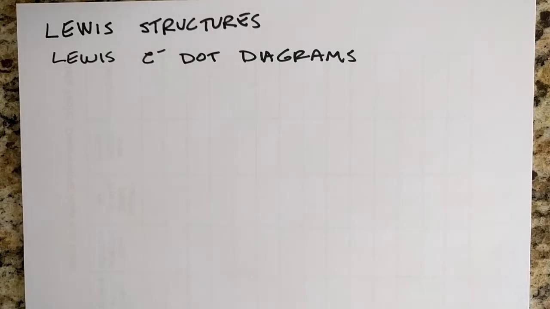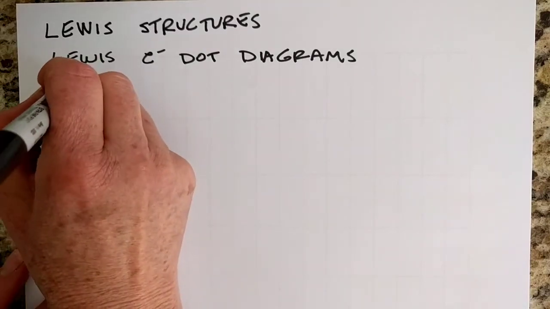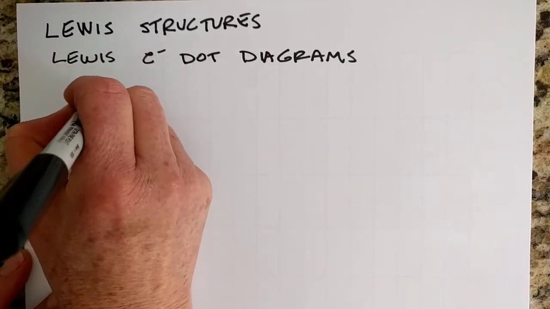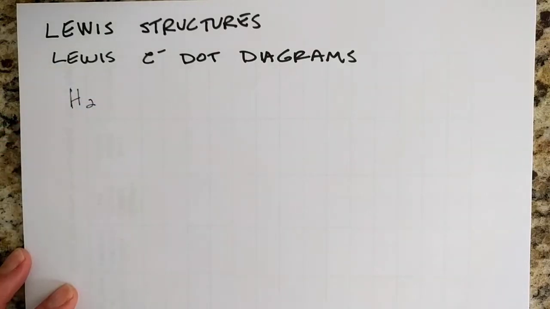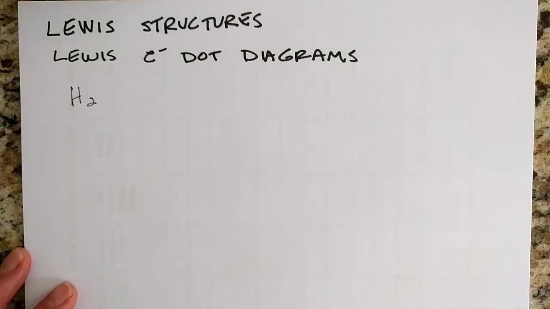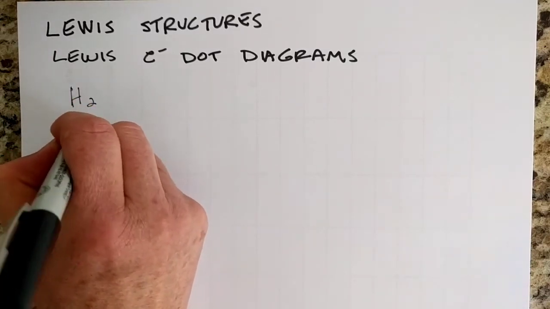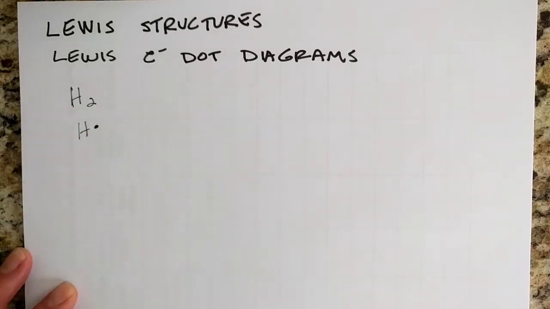Okay, so we're going to start out with the simplest molecule that there is, and that is a molecule of hydrogen, which has the formula H2. We have 2 atoms of hydrogen. So if we look at our electron dot structures, hydrogen has 1 valence electron, so we get 1 dot.